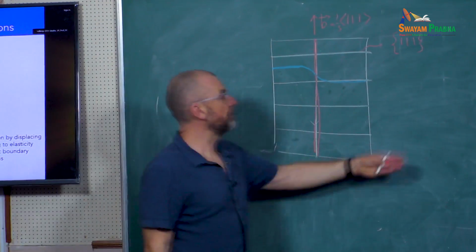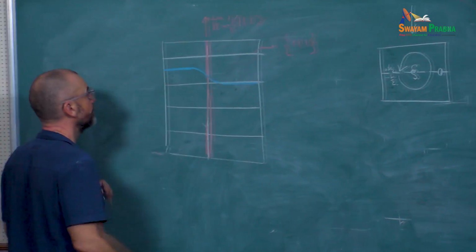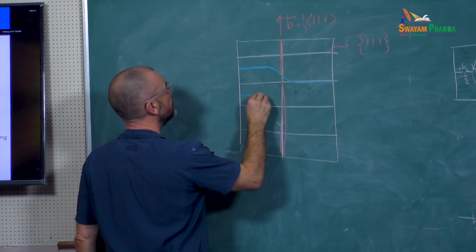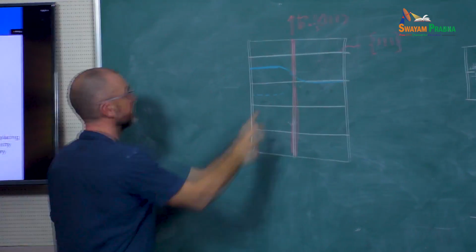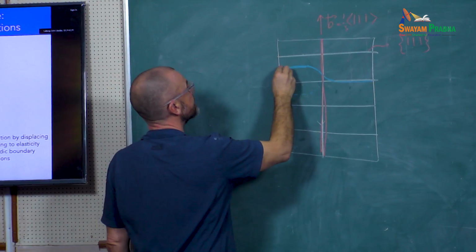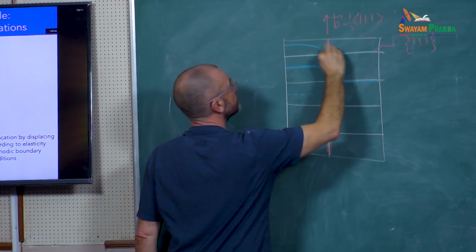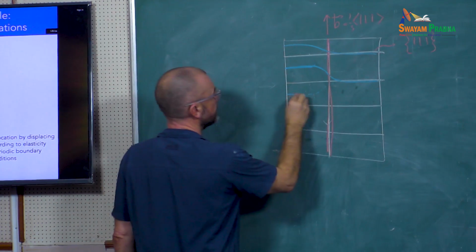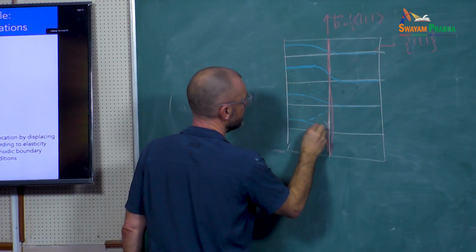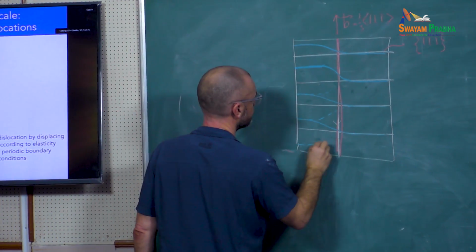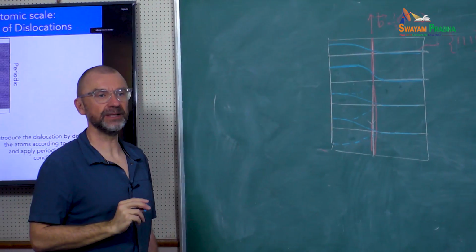Now if I look at the plane below, what happens to it? Minus. So it's going to do the same. So that's for this plane. For this one, I do the same. This one is going to do this, and then the next one will do this. You see what I'm doing?